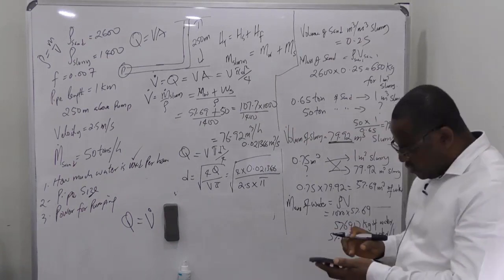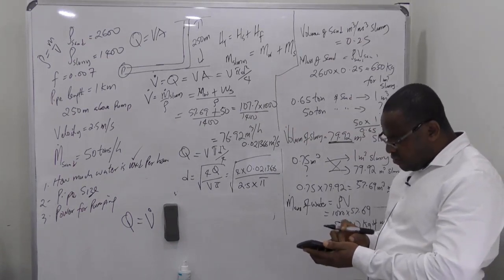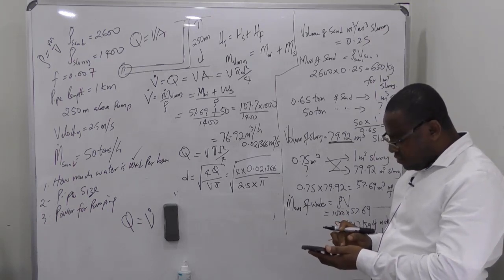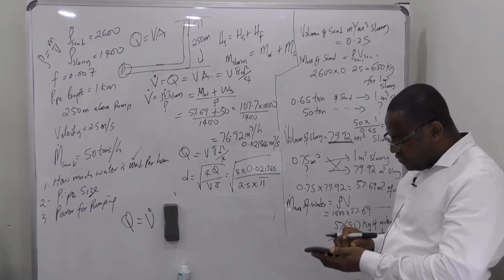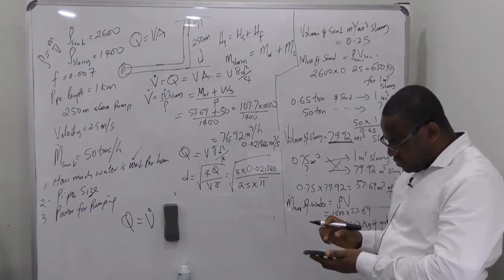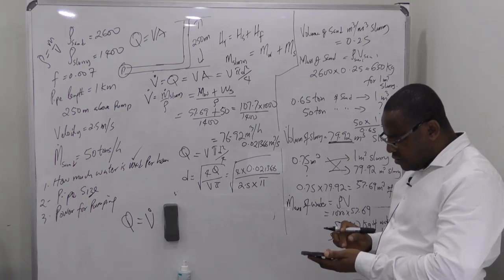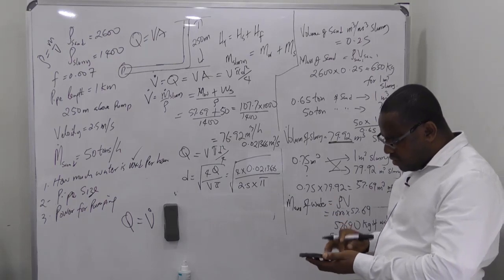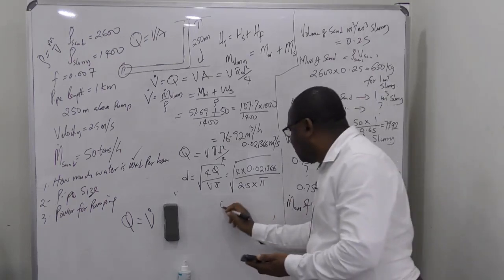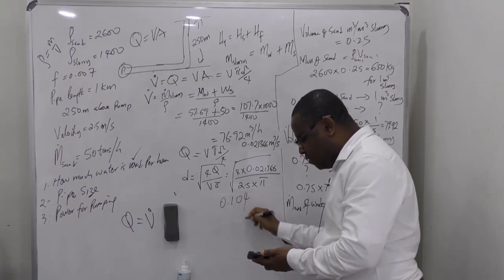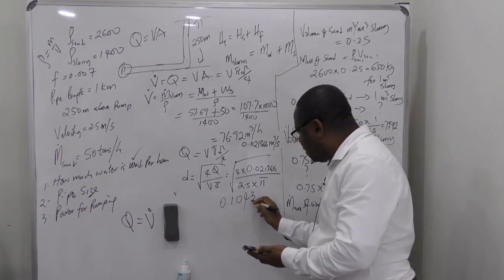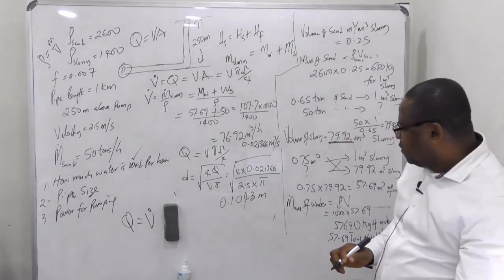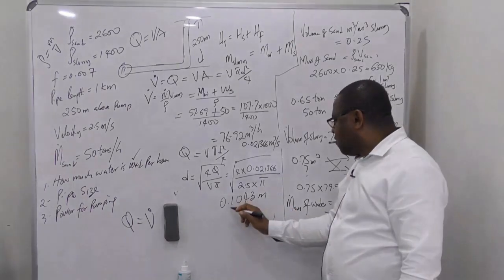So we have 4 times 0.021366 divided by 2.5 divided by pi equals that, and then the square root of that will give you 0.1043 meters.